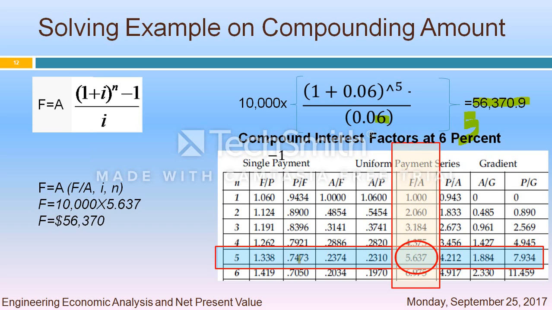As we said, you're finding F, you have A, so open the bracket, write F first over A. So this is F over A, N, catch the factor and apply it, 10,000 into 5.637, it's the same value which we calculated before.